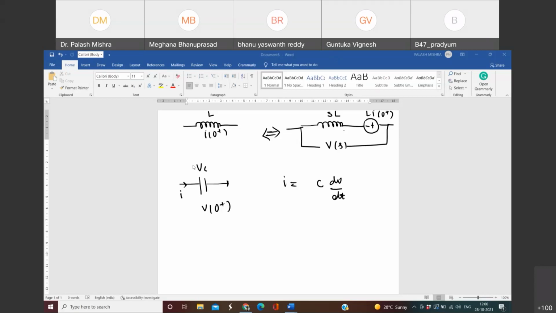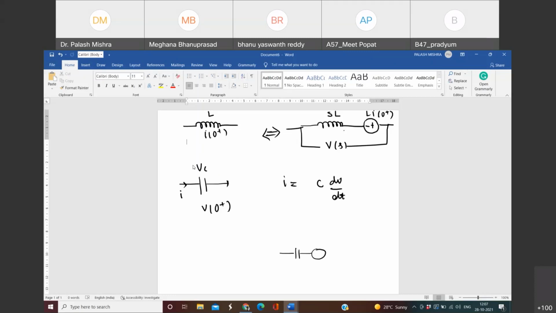Someone came actually, it will oppose Vs. So please tell me, there will be one battery or not? Yes, opposing Vs. And what will be its value?